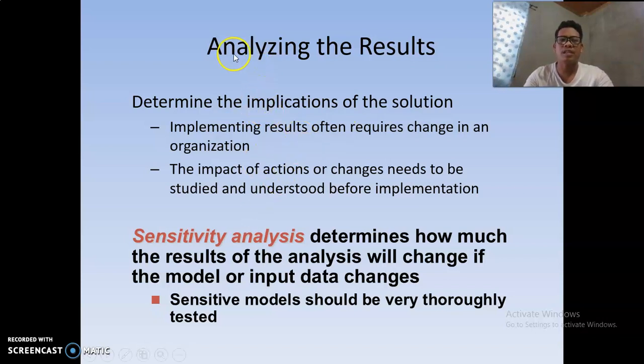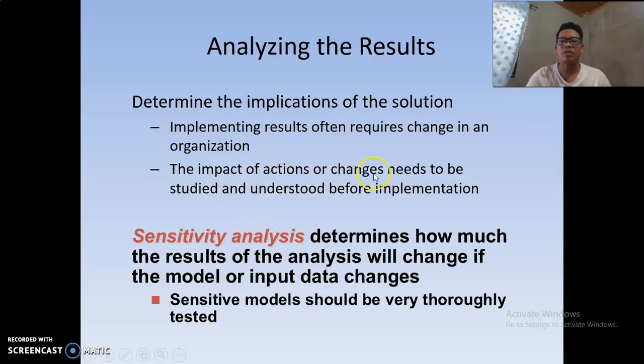Next is analyzing the results, which means determining the implication of the solution. Implementing results often requires change in the organization. So when you implement the results of the method, it could also help and have an impact on the organization, and be significant to it.